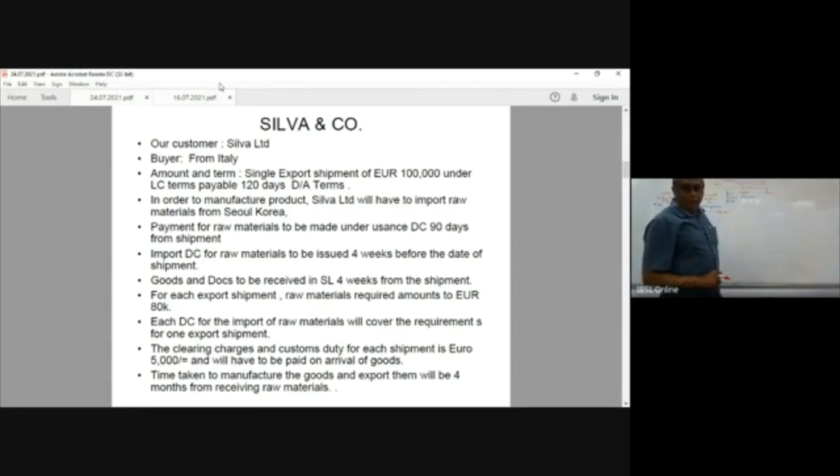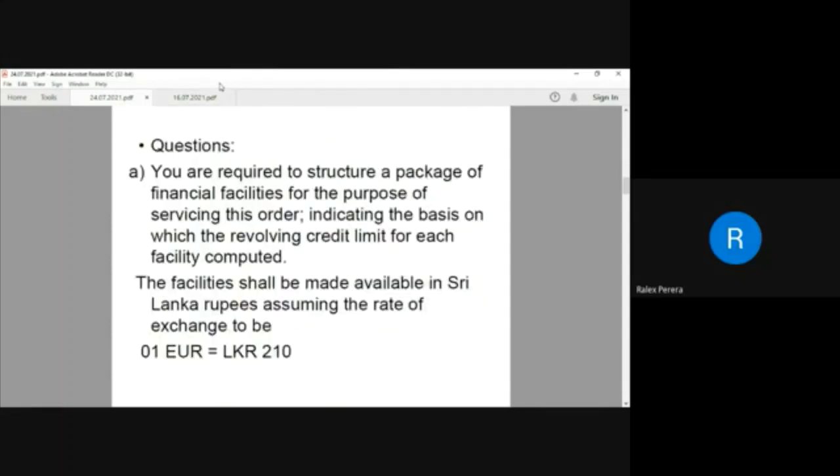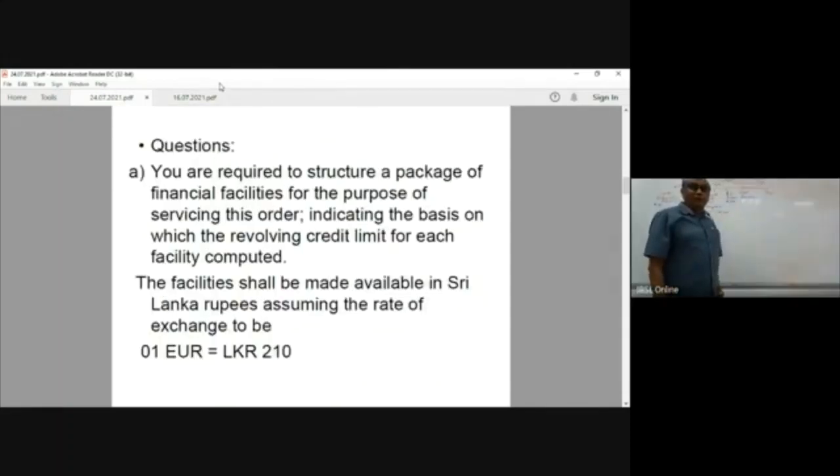Okay. Then we'll see what we can do. You are required to structure a package of financial facilities for the purpose of servicing this order, indicating the basis on which the revolving trade limit on each facility is computed.